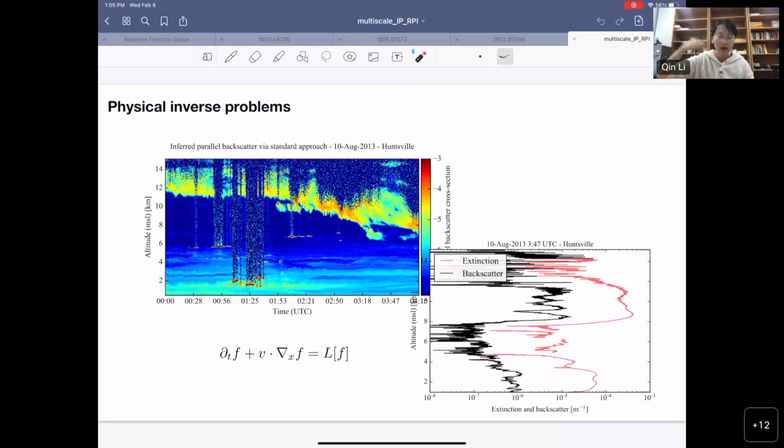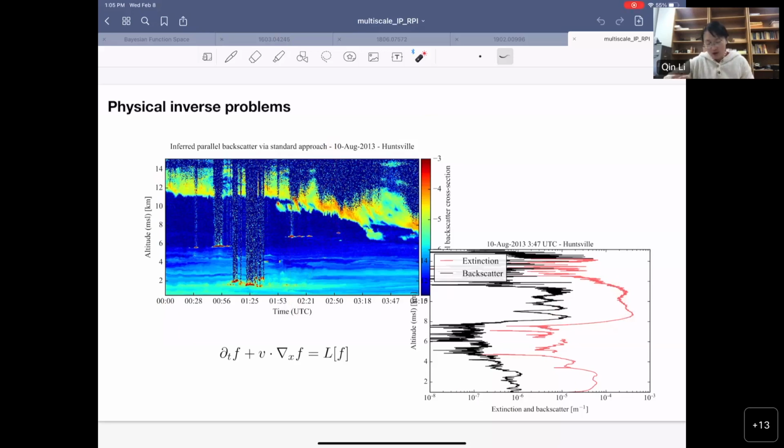By counting this time, they can infer how high these clouds are. As you can see, from 0 o'clock to 3 o'clock in the afternoon, the clouds are getting closer and closer to us. So this is really an inference problem. And if you take an intersection over here, this is the scattering coefficient and the absorption coefficient.